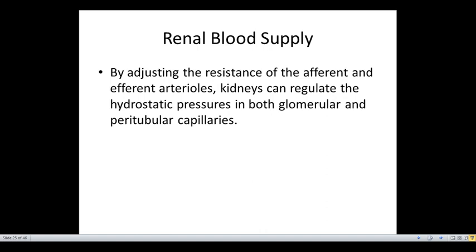Now, by applying your knowledge of physiology of circulation, it should be easy for you to understand that by adjusting the resistance of the afferent and efferent arterioles, kidneys can regulate the hydrostatic pressures in both glomerular and peritubular capillaries.